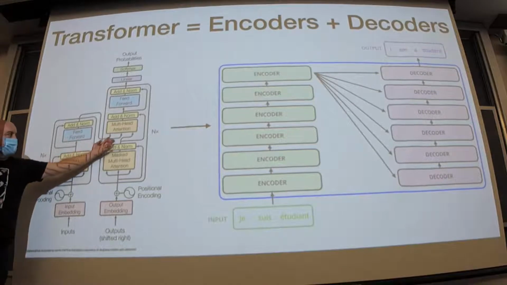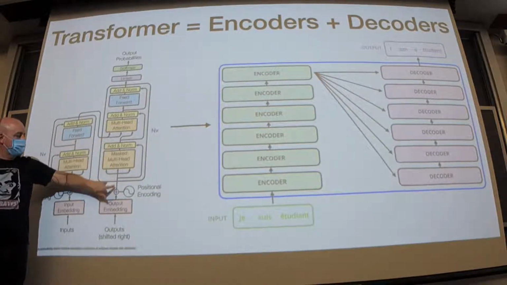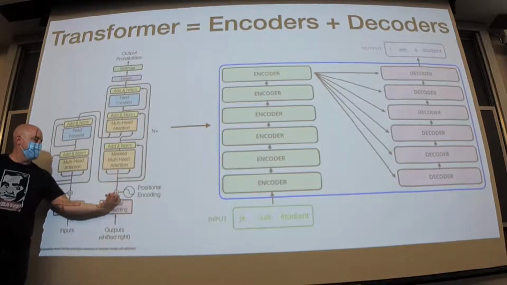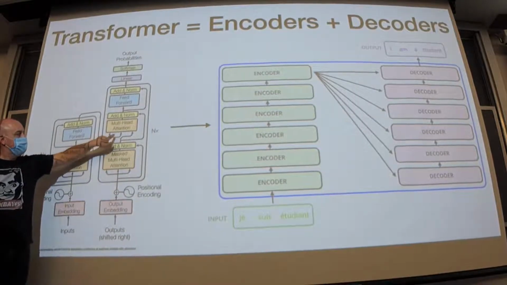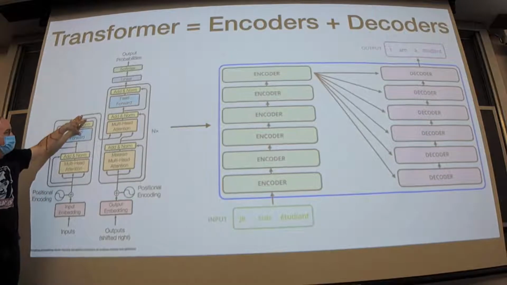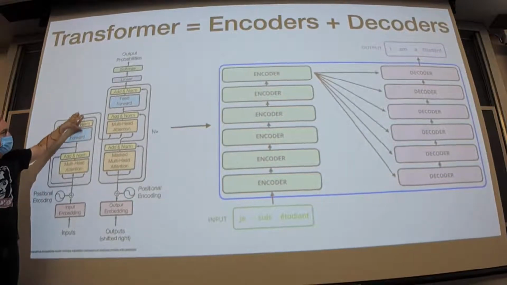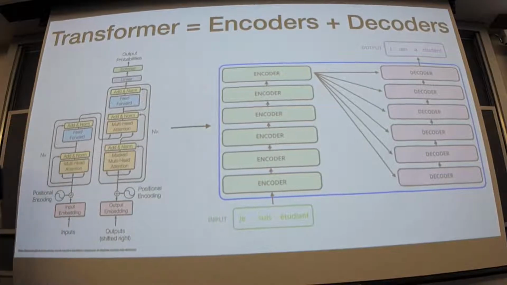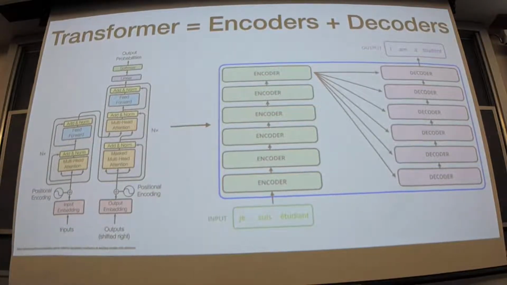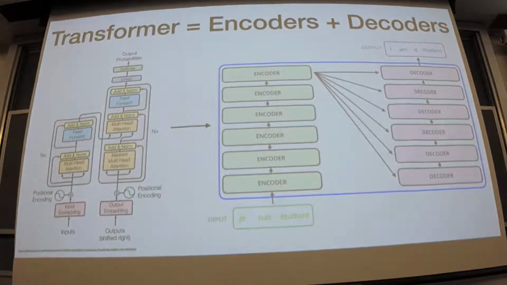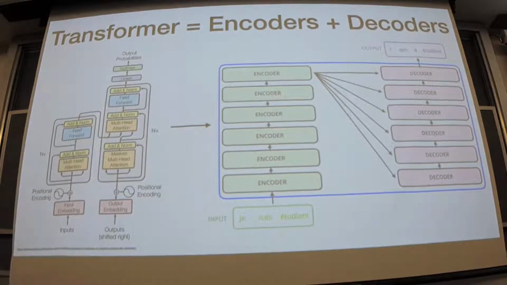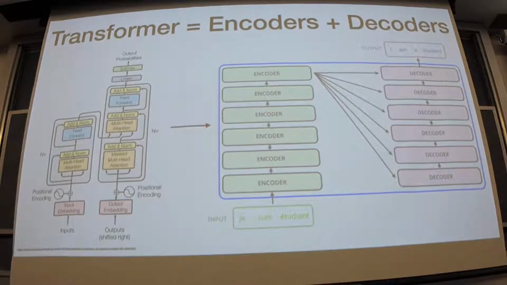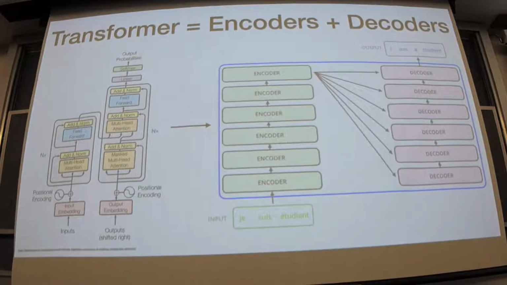So where there were keys, queries, and values here, all coming from just the input, there's keys and queries here coming from the encoder, and then values coming from the output of this head here. It's kind of complicated in some sense because there's just a lot of arrows and things you have to track, but pretty simple once you understand one of these multi-head attention modules, which is where we're going with it.